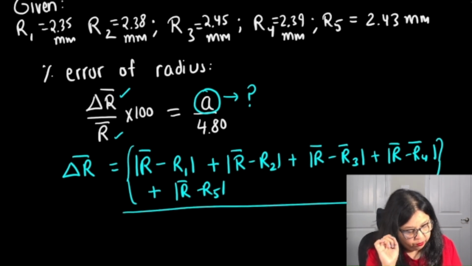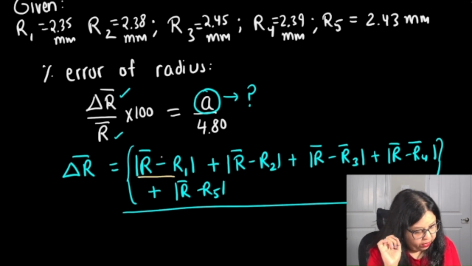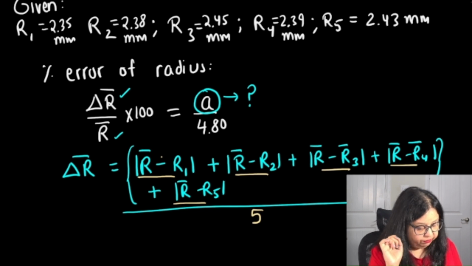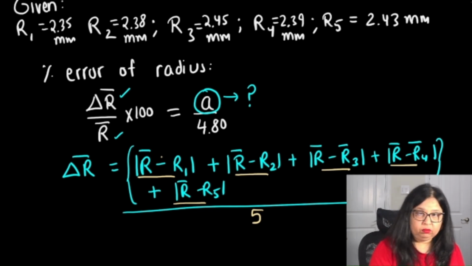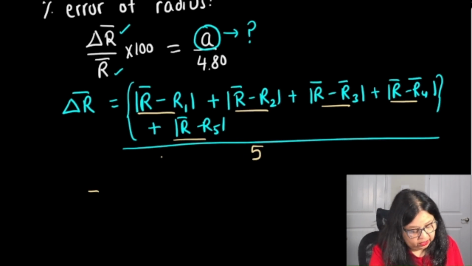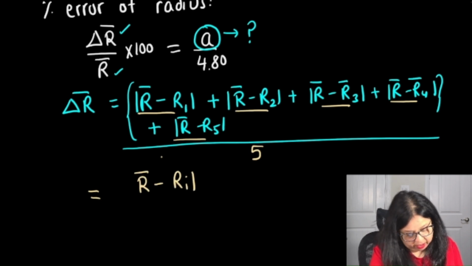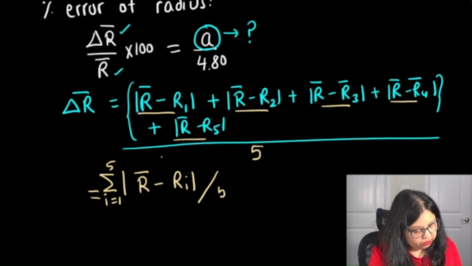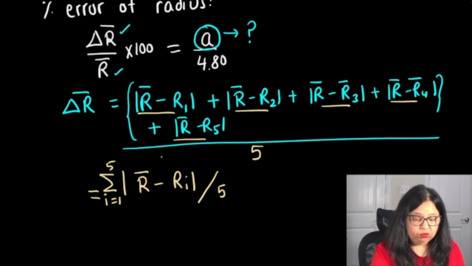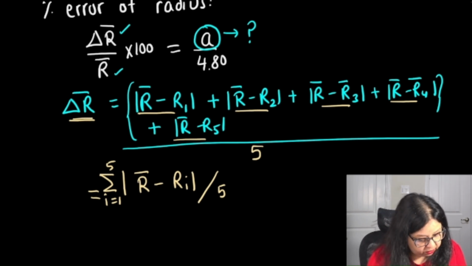We have 1, 2, 3, 4, and 5. This gives us the mean value, right? So this can be written as the summation of the absolute value of R bar minus Ri, where i goes from 1 to 5, and the summation is divided by 5.